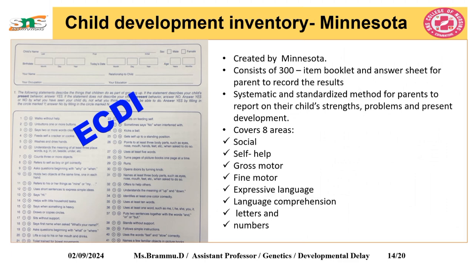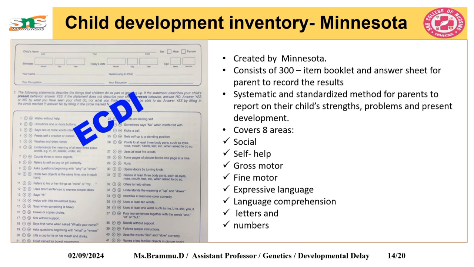And the last screening test is the Child Development Inventory from Minnesota. This consists of around a 300 item booklet where the parents are allowed to record the results. It is a systematic as well as standardized method for analyzing the child's strengths and what problems the child is undergoing in the current situation.